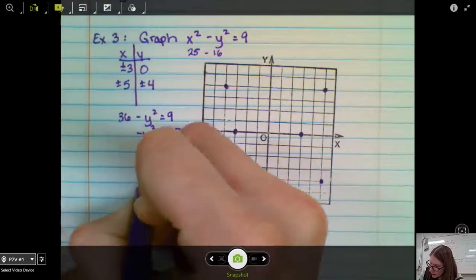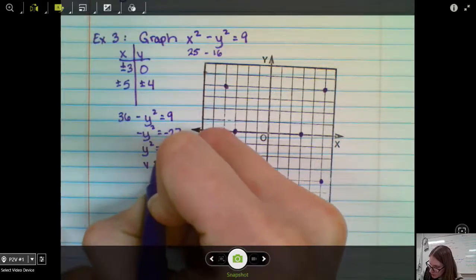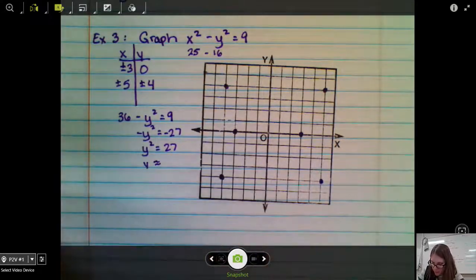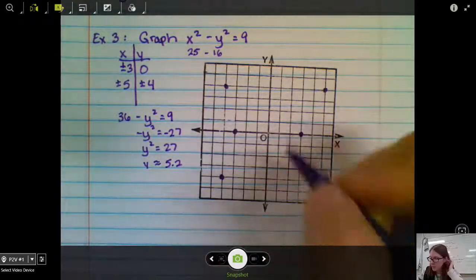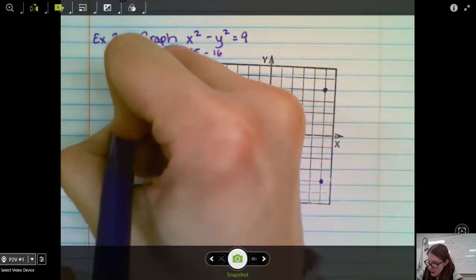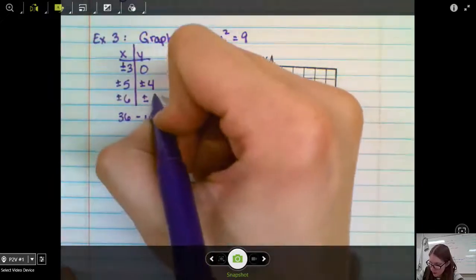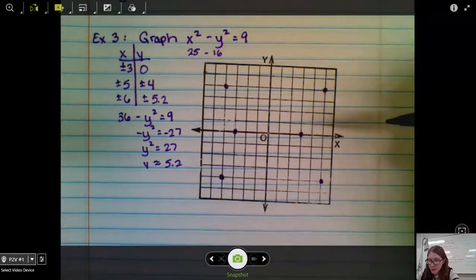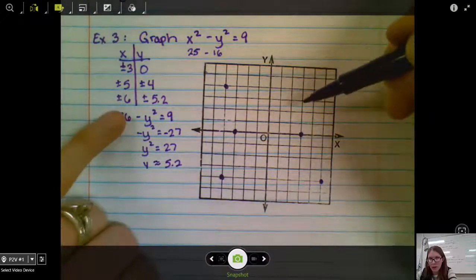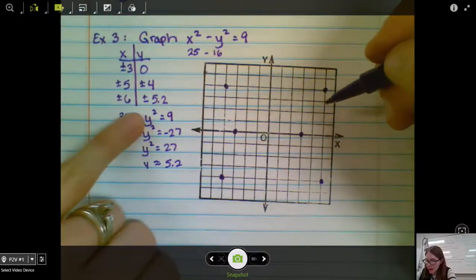The square root of 27 is about 5.2. Okay, so plus or minus 6, plus or minus 5.2 gives us a couple other sets of ordered pairs that we can figure out a little bit better what our graph is doing.